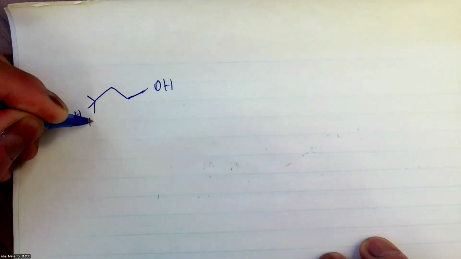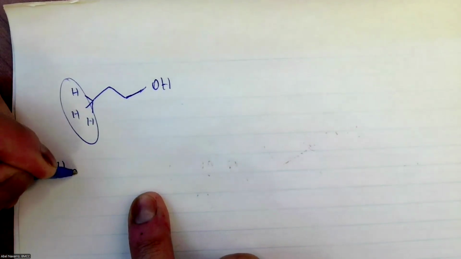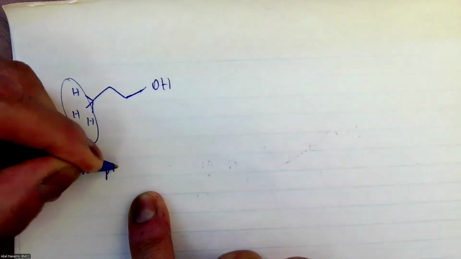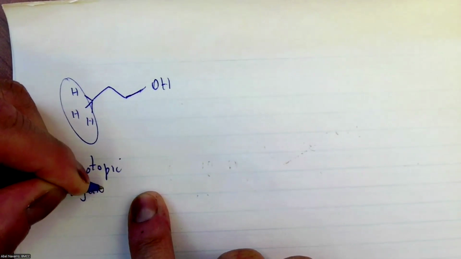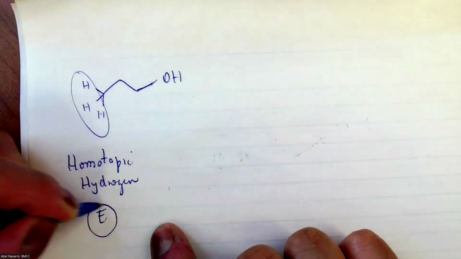Okay, so those are called, this CH3, the CH3s are what we call homotopic hydrogens or homotopic protons. They are equivalent. That means they will have the same chemical shift.